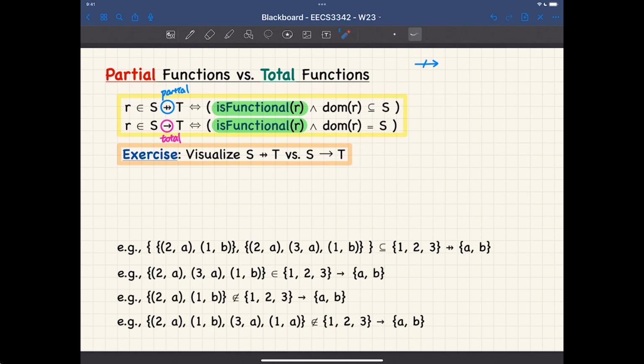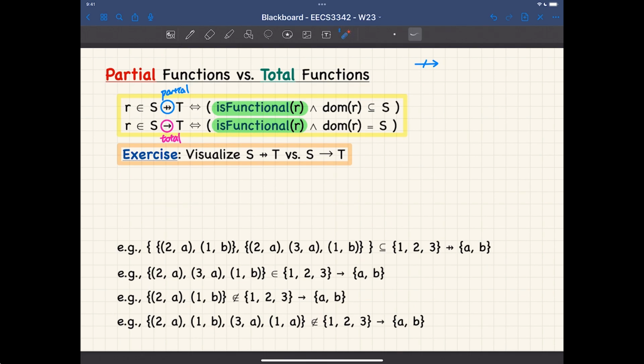And in the case of the partial function, the domain of the function, which is itself also a relation, should be a subset of S. S is kind of the value you can draw for the domain. That should be a subset. Can be equal, or it can be just a proper subset. On the other hand, if you look at the total function over here, we have something very strict. Your domain must be exactly equal to this value over here. It's a very important principle.